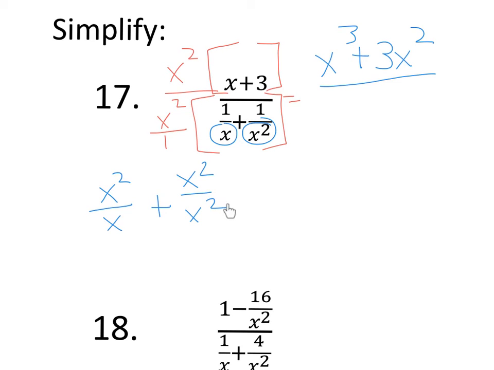And then we reduce these fractions. Since this is really x times x, one of these x reduces. So we have x. And then, of course, x squared over x squared, both reduce, but it doesn't leave 0, it leaves us with a 1. So this is what we end up with here, x cubed plus 3x squared over x plus 1.